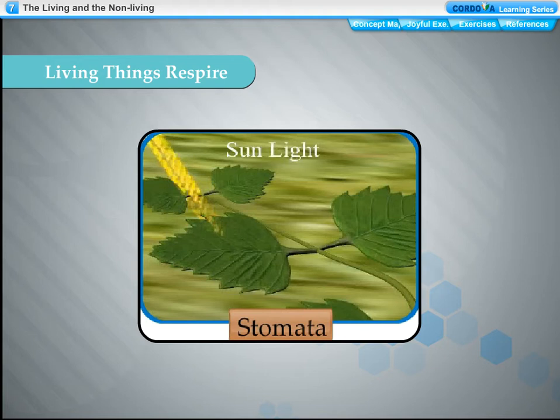Rice plant, 4 months. Human, 65 to 80 years. Rat, mouse, 2 to 3 years. Tortoise, 120 to 150 years. Squirrel, 8 to 9 years. Banyan tree, 200 years or more.